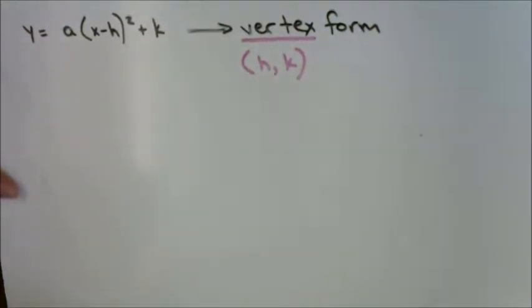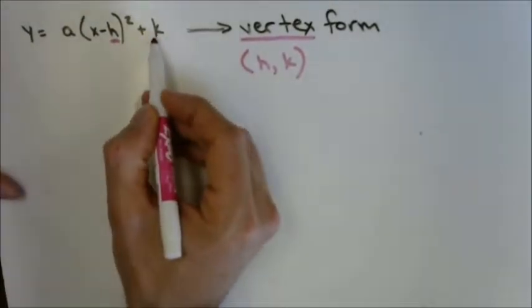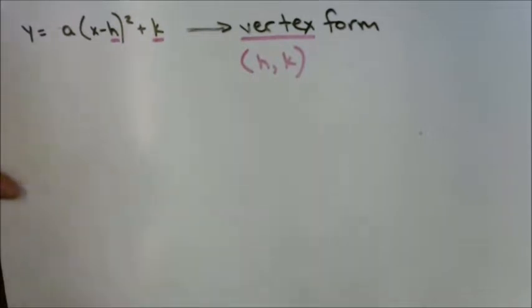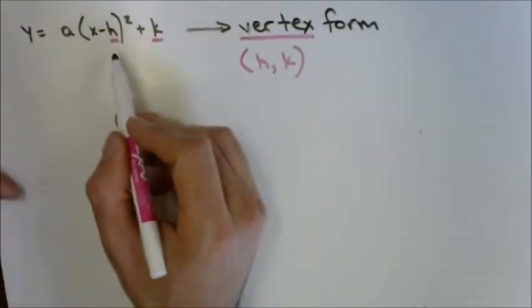So if you want to talk about translations and you don't know where to move your parabola, you just look at vertex form. That's the x-coordinate, that's the y-coordinate. You'll know exactly where to put your vertex before you start drawing your parabola. Vertex form gives us the vertex, so it's named after what it tells us.